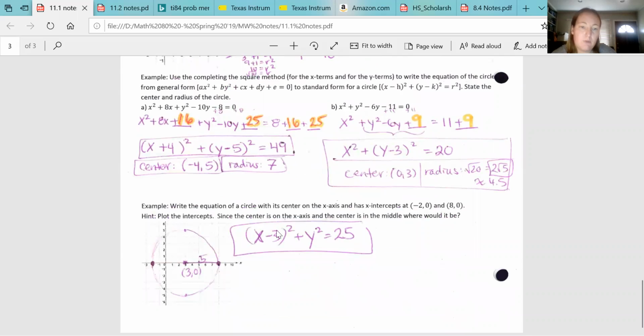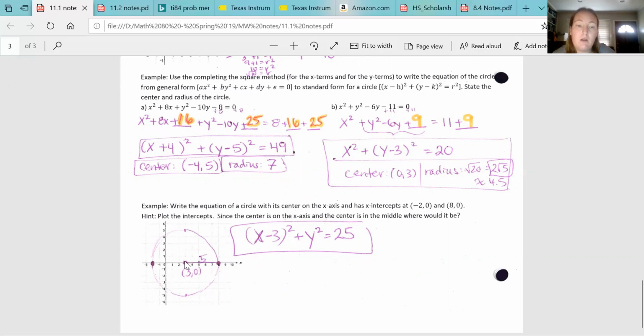I'm going to skip down to this bottom one for a moment and then we'll go back up. Similar situation here where they give you some information about points on the circle. It gives you that the center is somewhere on the x-axis and that the circle has x-intercepts at -2, 0, and 8, 0. And since the center is on the x-axis, it's going to be right in the middle.